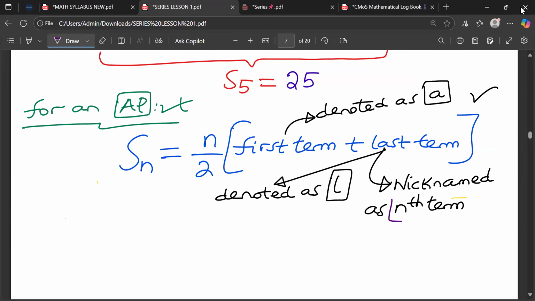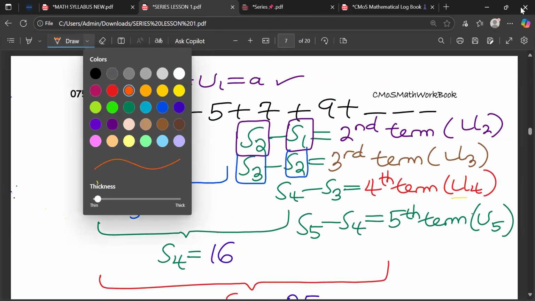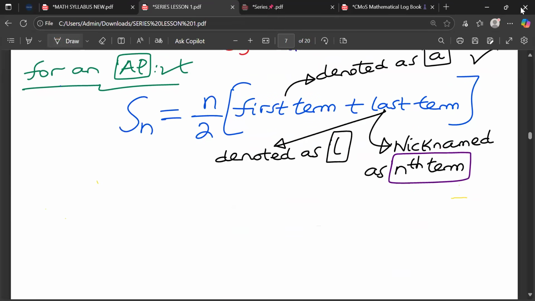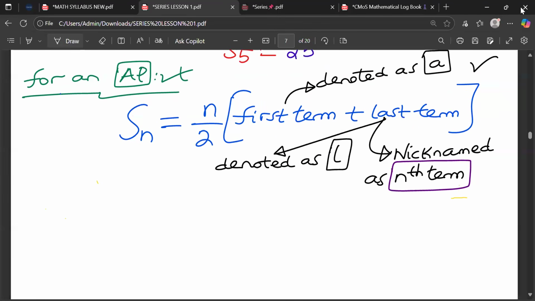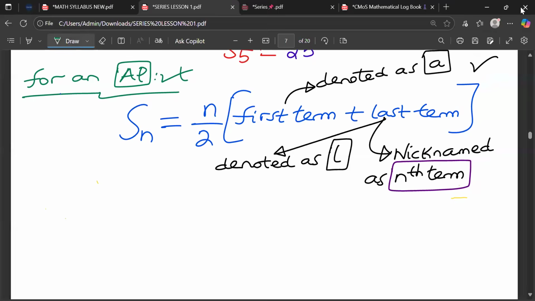So you learn that, eh? That last term that comes after any series, they always give it n. That's why I can even come here and say, here we have un to mean the nth term. So you get that? Yeah, the last term is usually nicknamed the nth term in mathematics, specifically under this topic. And you all know that for the nth term, there is a constant, something must be here, then d. Get the point?